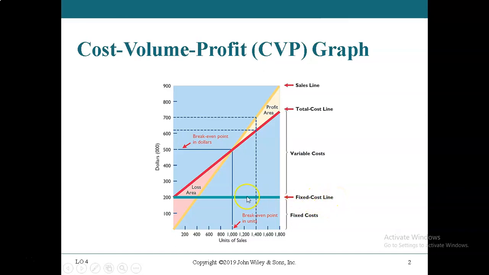Fixed cost is always the same no matter how much you sell. Even if you sell nothing, you have the same amount of fixed cost. Even if you sell more units, the fixed cost is always the same. Examples of fixed costs would include something like monthly rent. Your rent is always the same no matter how much you sell or don't sell.